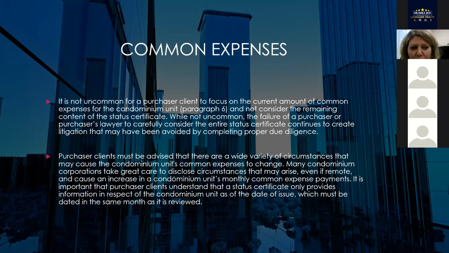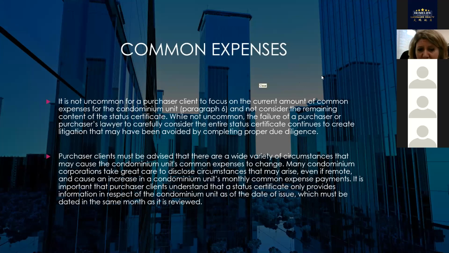You will see 2, 3, 4 pages with the 45 units, the owner's ownership percentage, and then the percentage of the expenses. According to that percentage, the common expenses will be calculated.